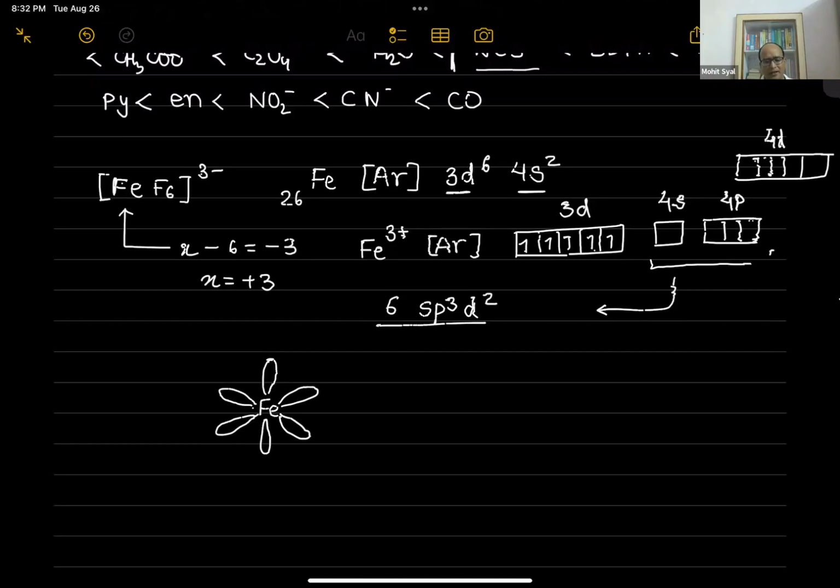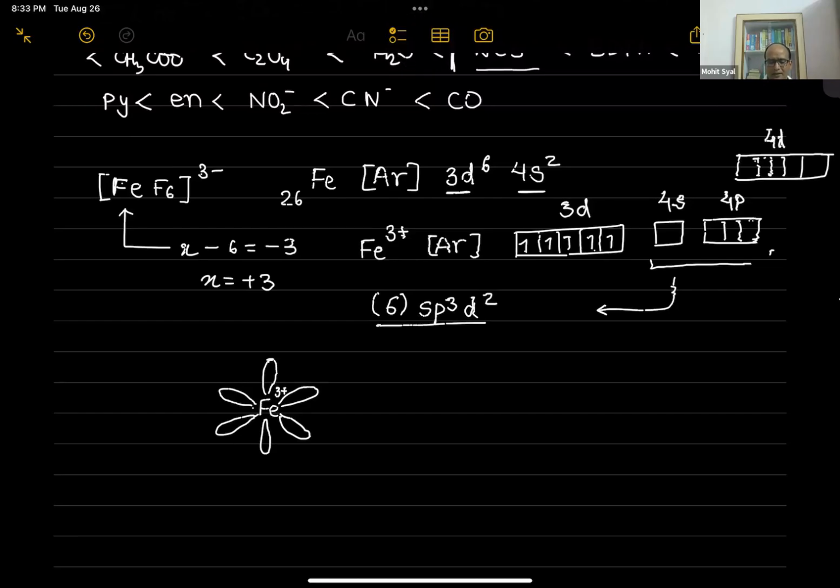That process is known as hybridization. 6 sp3d2 hybrid orbitals, and because they are 6, how are they going to put themselves around the iron 3 plus? They will arrange themselves so that there is minimum repulsion between them, and they will acquire an octahedral arrangement.